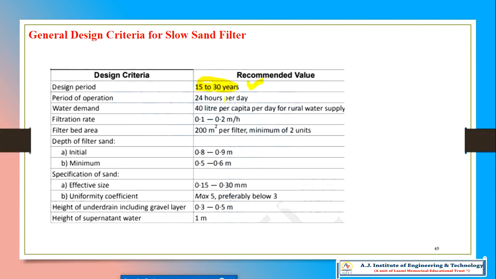The period of operation will be 24 hours. If you take 30 minutes for back washing, the operation will still be 24 hours, including back washing also.